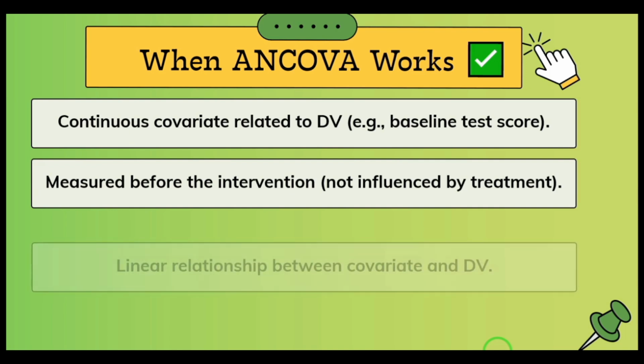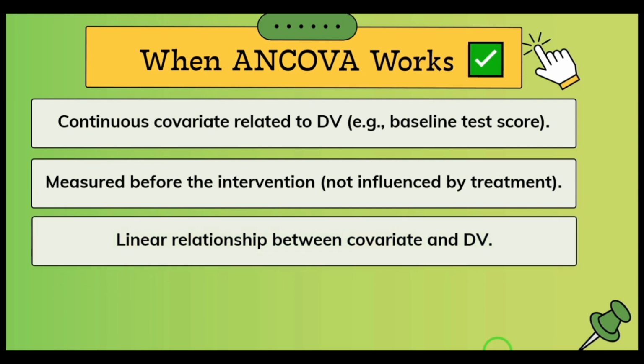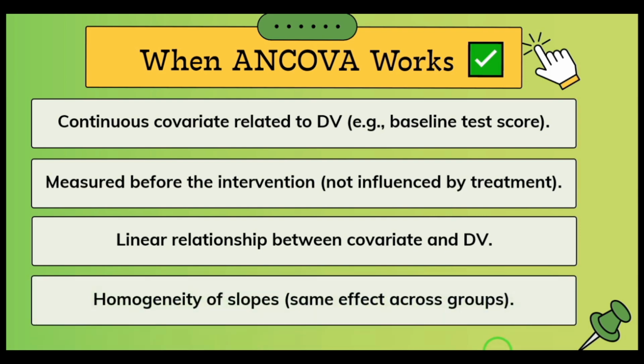And the third condition is that the relationship between the covariate and the dependent variable is linear. If it's non-linear, ANCOVA's adjustment wouldn't be accurate. And the last condition is that the homogeneity of regression slopes assumption holds. It means that the covariate influences the outcome in the same way across all groups.